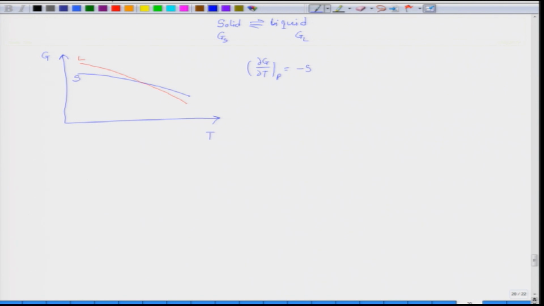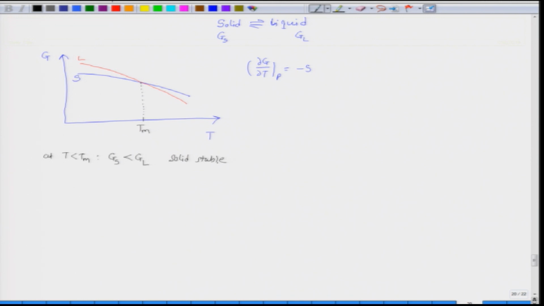So, the slope of G versus T curve is more negative for liquid than for solid. So, they will intersect at some point, and this is the equilibrium melting point Tm. So, at any temperature below Tm, we know the Gibbs free energy of solid is less than that of liquid, and so solid is stable.